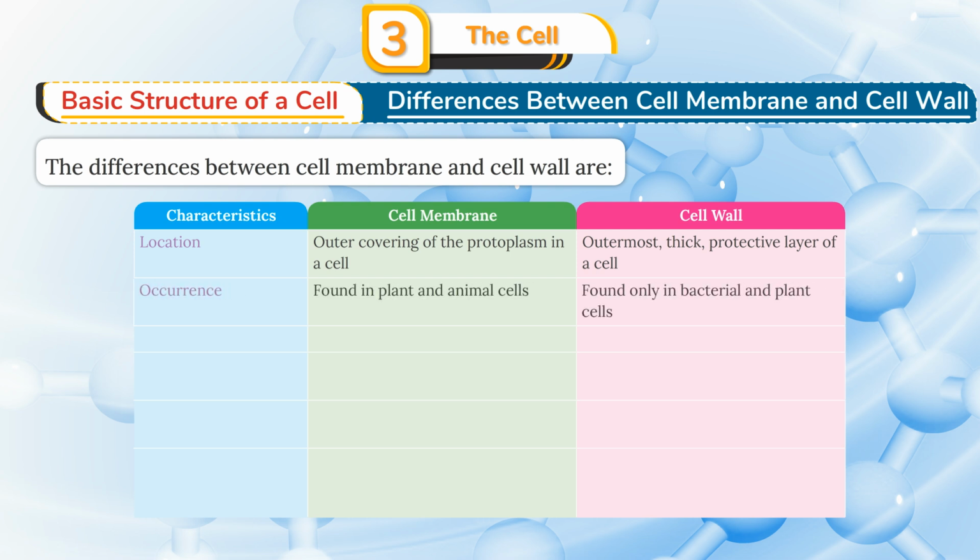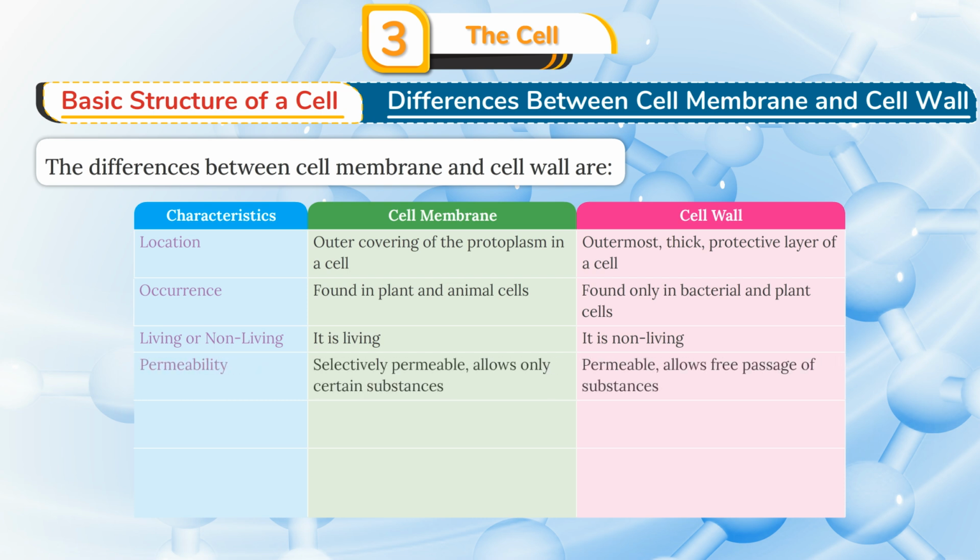Occurrence: the cell membrane is found in plant and animal cells; the cell wall is found only in bacterial and plant cells. Living or non-living: the cell membrane is living; the cell wall is non-living. Permeability: the cell membrane is selectively permeable, allowing only certain substances; the cell wall is permeable, allowing free passage of substances.